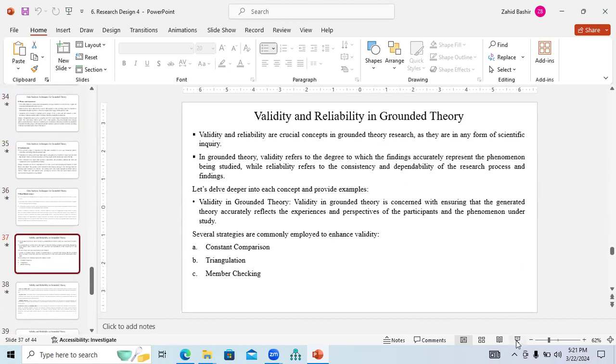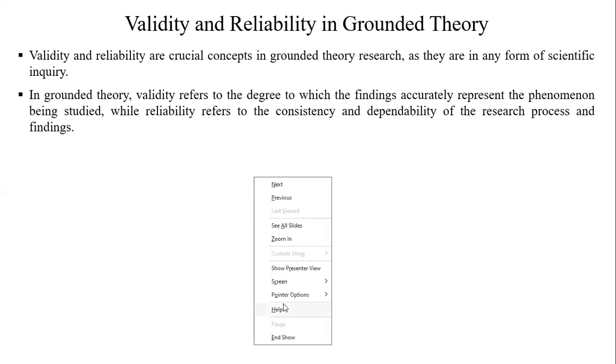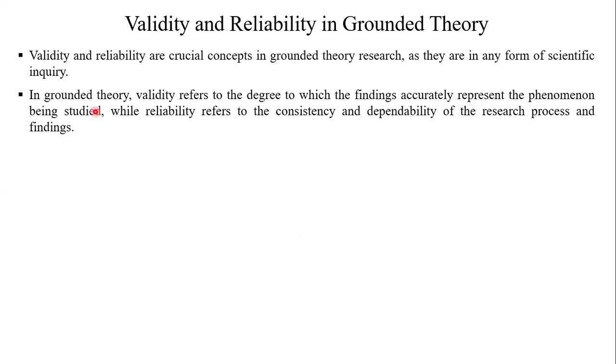How can we confirm that the analysis we have executed through grounded theory is valid and reliable? So there are some certain things that you need to confirm in order to make your analysis of grounded theory valid and reliable. So what are those processes and what are the specific details of those processes?